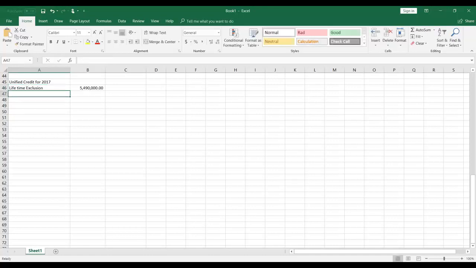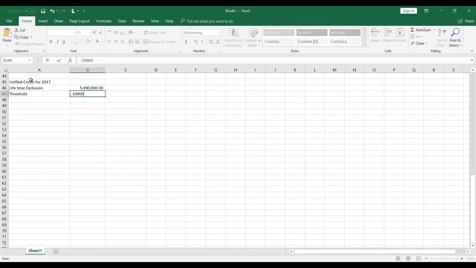So let's see the calculation here. If you look at column A, it says taxable over 1 million. So let's take the 1 million threshold. So you get 4.49 million.